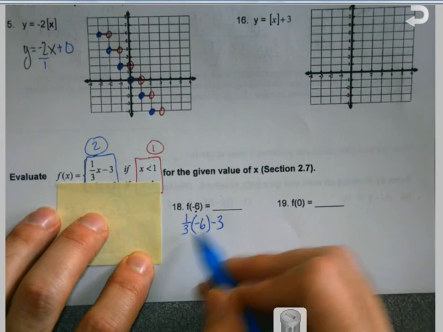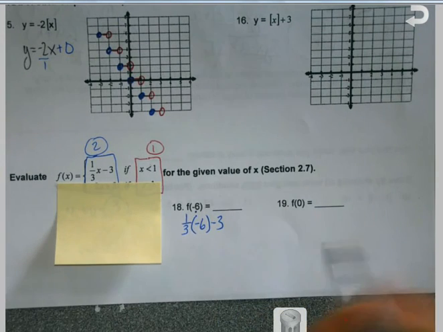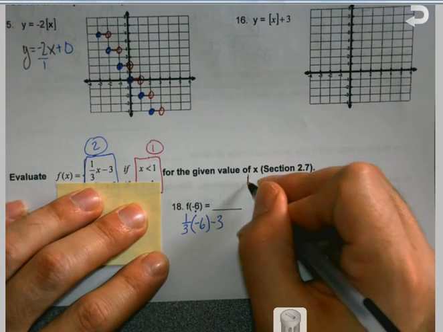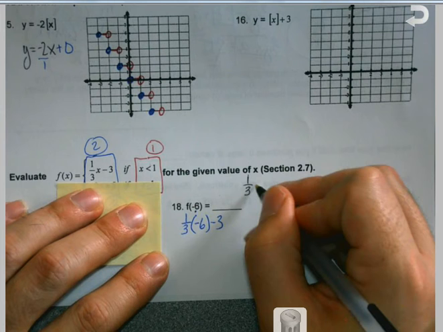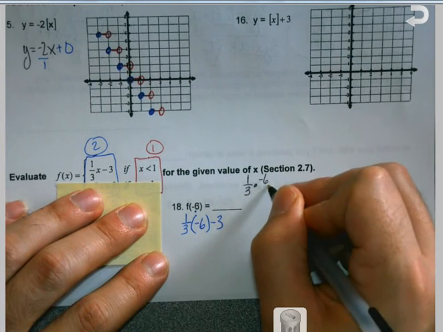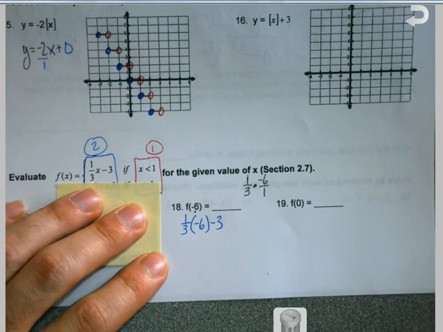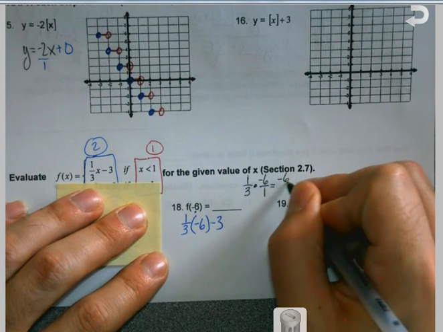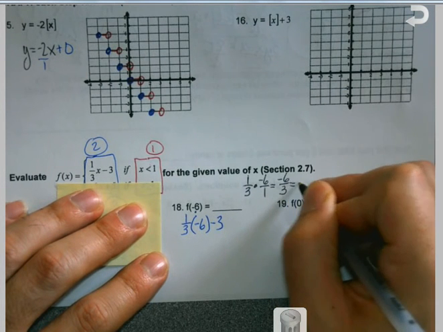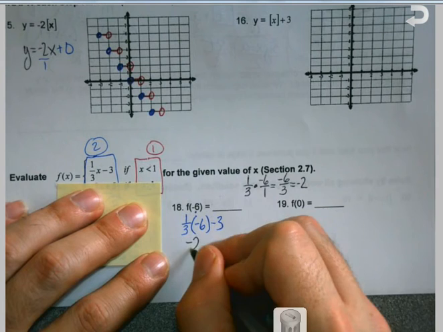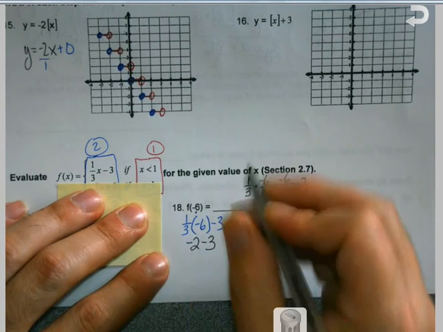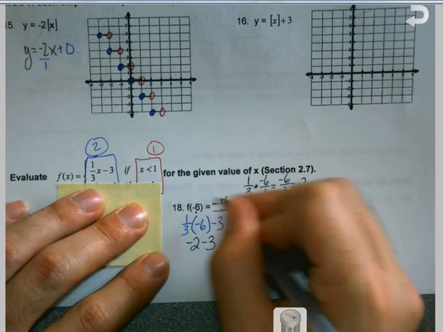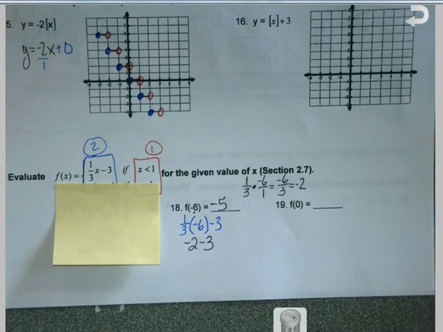And again, if fractions are your downfall, a little side work might not be a bad idea here. So 1/3, I'm going to turn my negative 6 into a fraction, if that's an issue for me. Multiply across and reduce my fraction. So this is really negative 2 minus 3, which is negative 5, and I've got my answer.